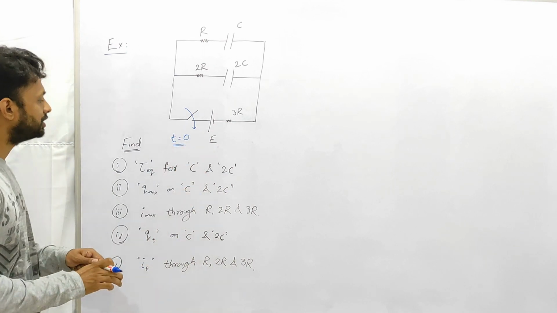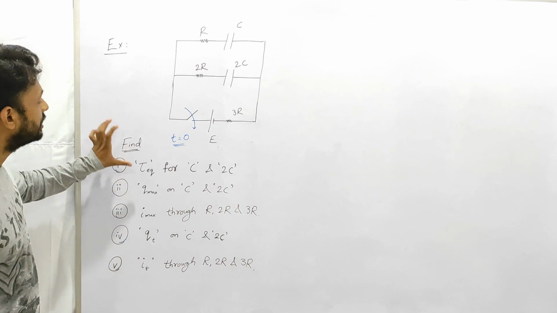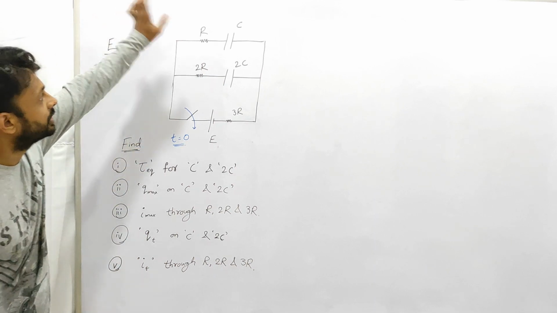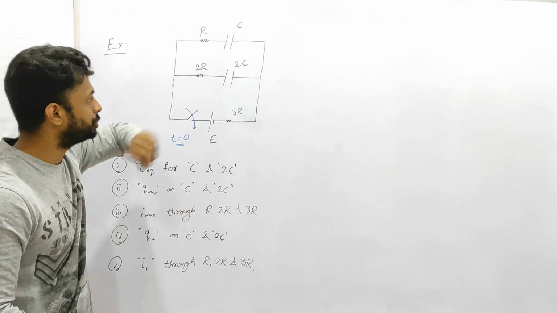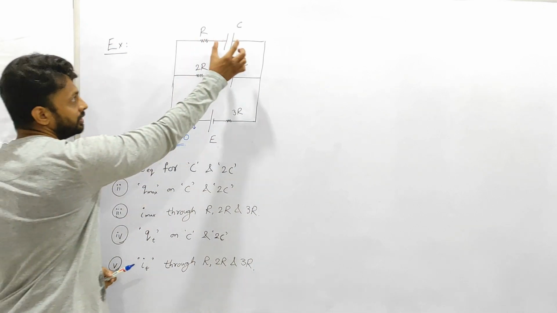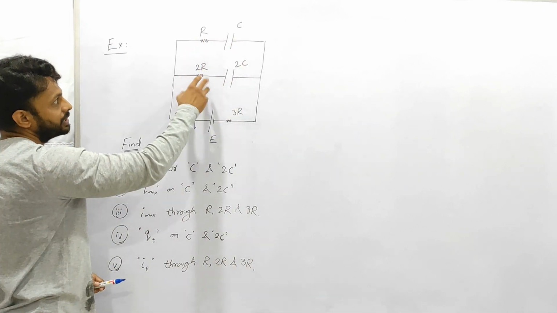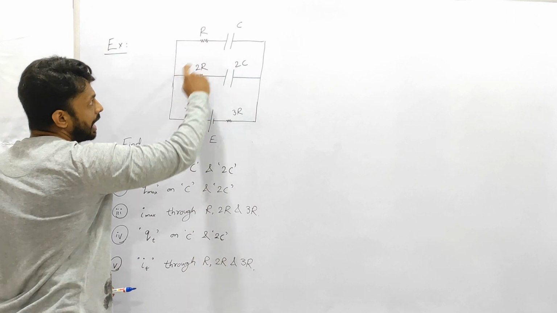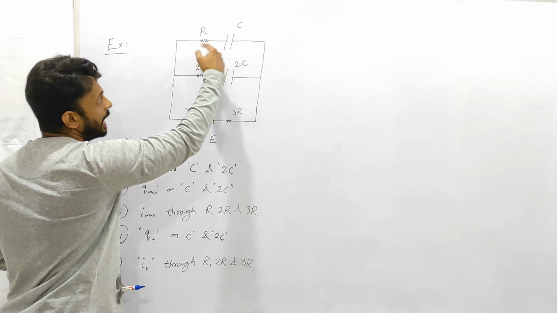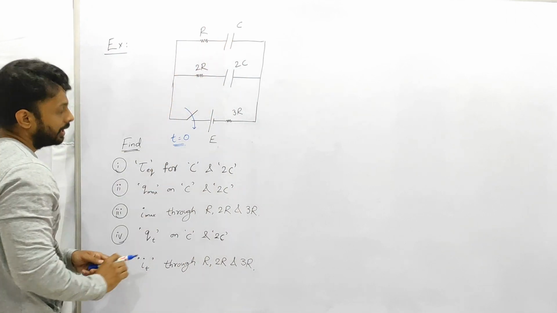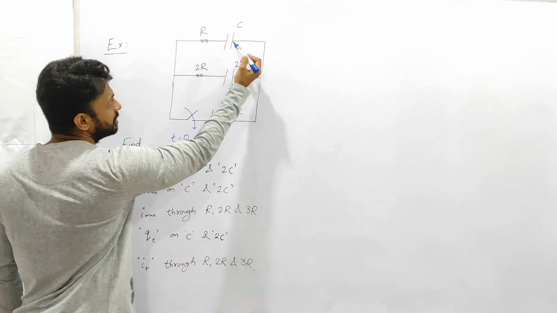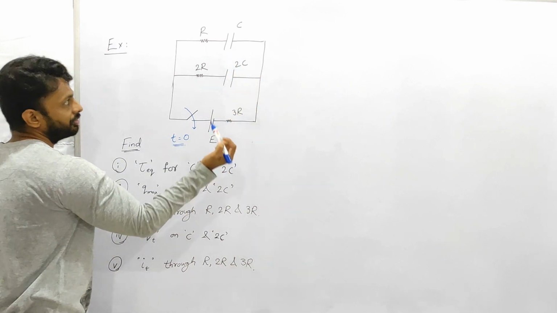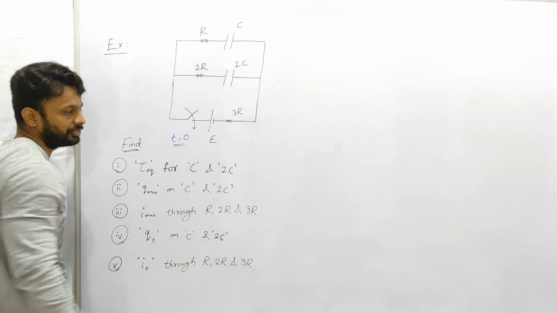For this situation I want to find the equivalent time constant for the capacitor C and for the capacitor 2C, and then the maximum charge on C and 2C, the maximum current passing through R and 2R, nothing but the branches containing C and 2C, and the charge on C as a function of time and on 2C as a function of time, and the current passing through the branches as a function of time.